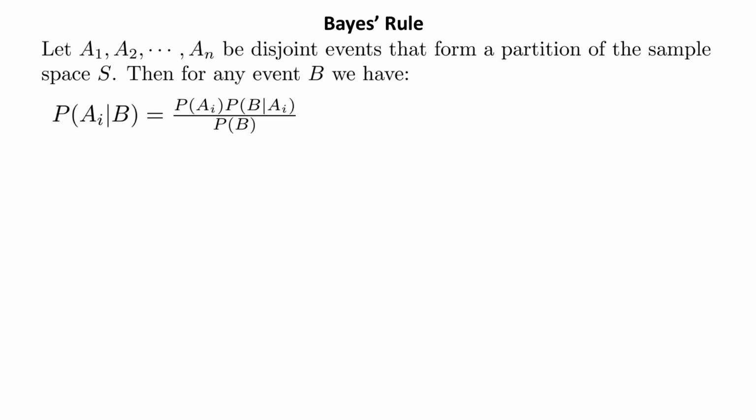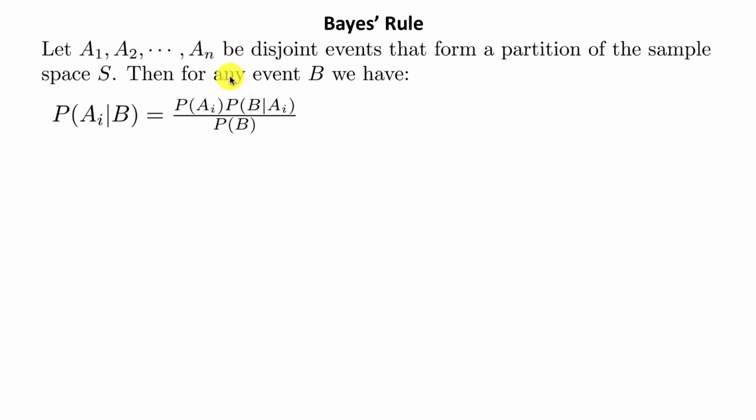Finally, I will discuss Bayes' rule, which essentially summarizes what we've been talking about for conditional probabilities. So, suppose A1, A2 up till AN are disjoint events that form a partition of the sample space S. That is to say, these sets have no overlap with each other, they are disjoint.